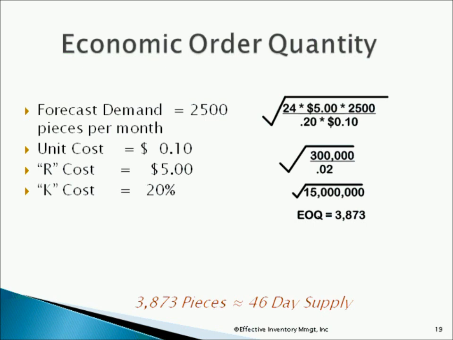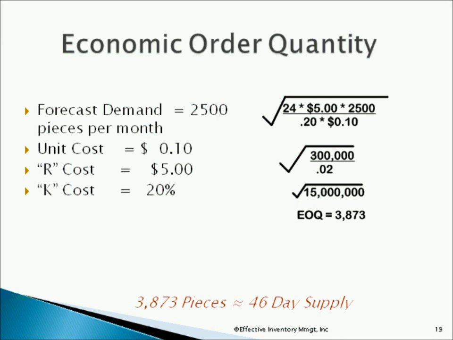That's my forecast. You can see that the EOQ, after we plug all these numbers into our equation, comes out to be 3,873 pieces. Okay, 3,873 pieces, if I am selling 2,500 pieces per month, is a 46-day supply.